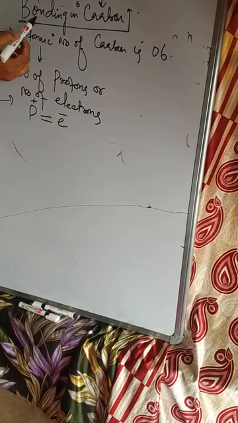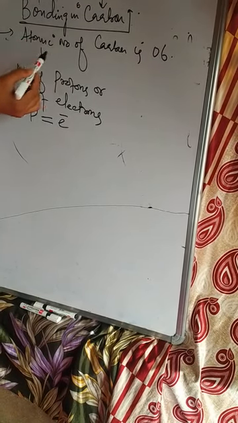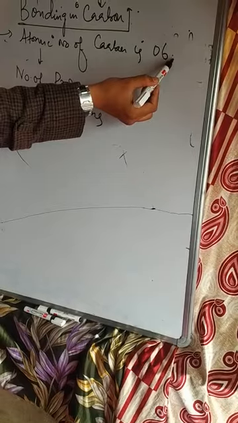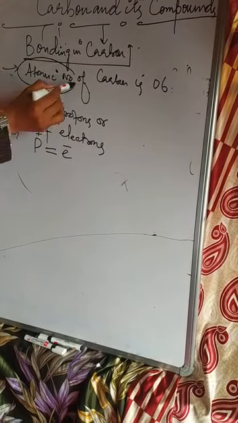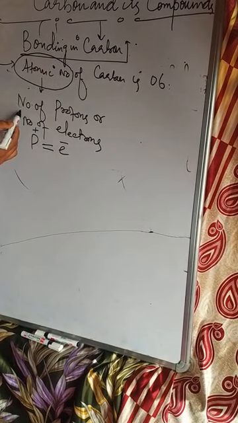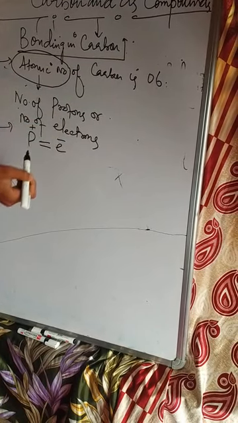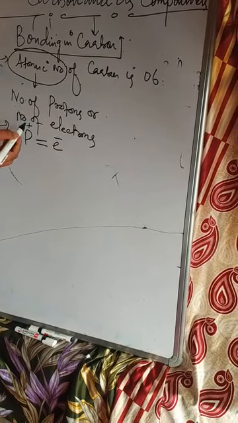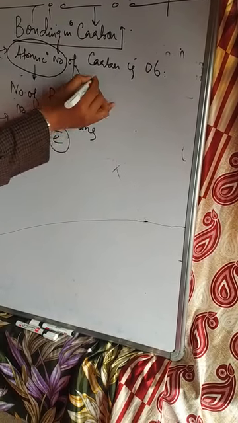First thing, as far as bonding in carbon is concerned, the atomic number of carbon is 6. The question arises, what actually is the atomic number? Atomic number is the number of protons or the number of electrons. One more thing you must remember, that the number of protons is always equal to the number of electrons. So let's move forward.